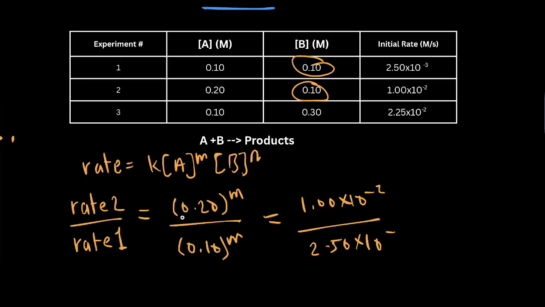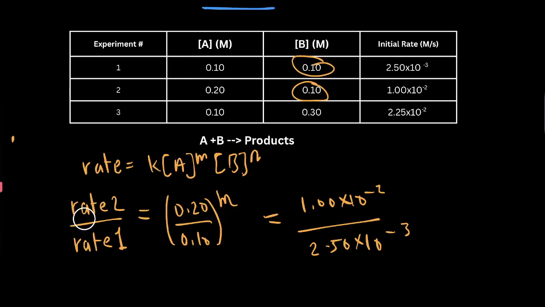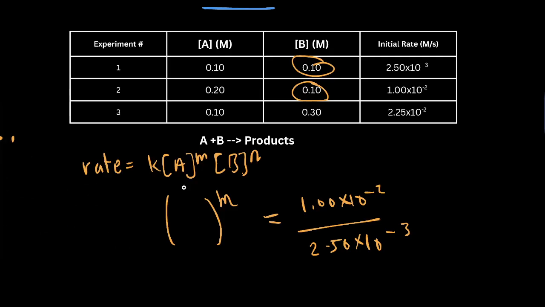You should know by now, with your exponent rules, that we have this expression, but we can simplify it. This is equivalent to writing 0.2 divided by 0.1, the whole thing raised to the m. So as long as you know this, you'll be fine. And then we can further simplify this, because we know that 0.2 divided by 0.1 is simply 2.